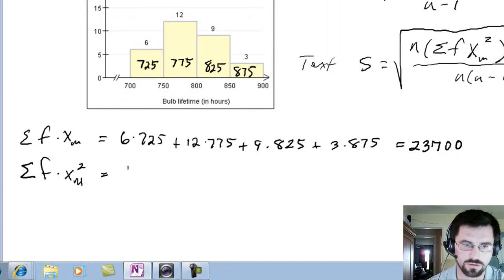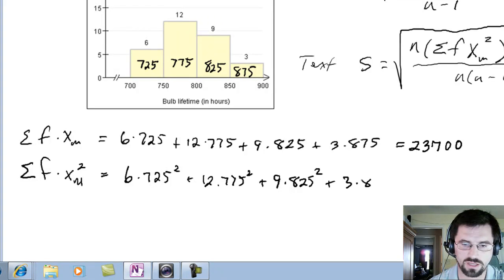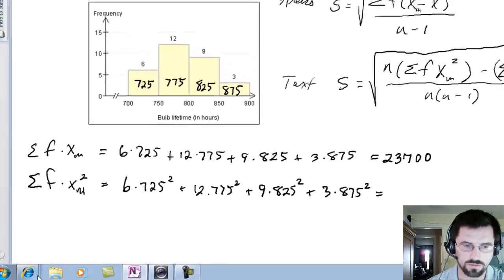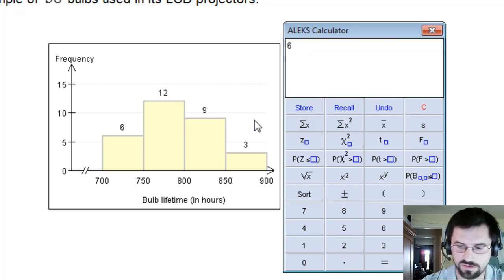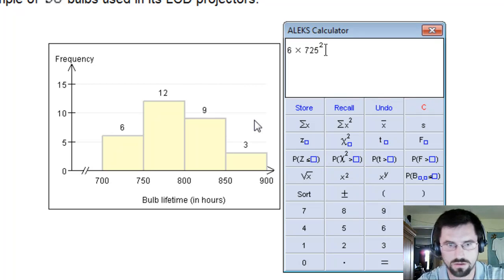On my calculator, I'm going to go 6 times 725 squared plus 12 times 775 squared, and we'll see what that comes out to.